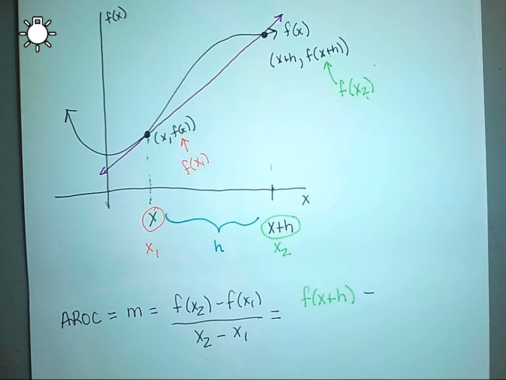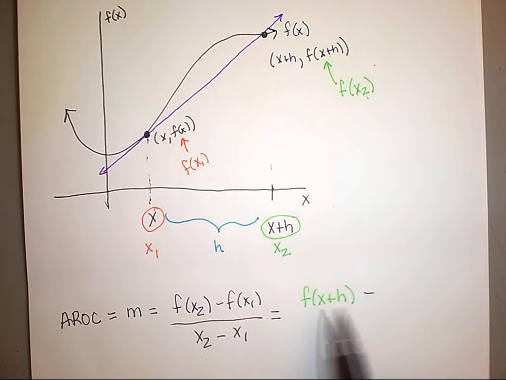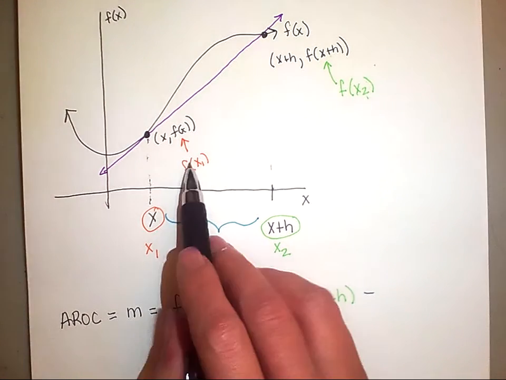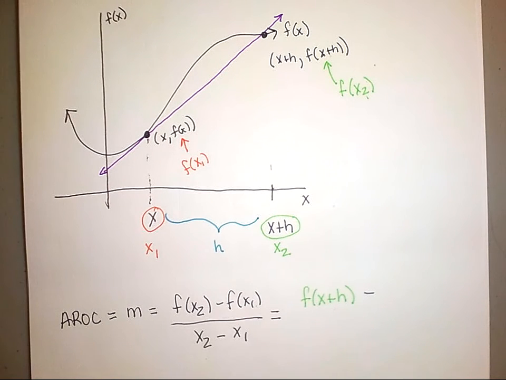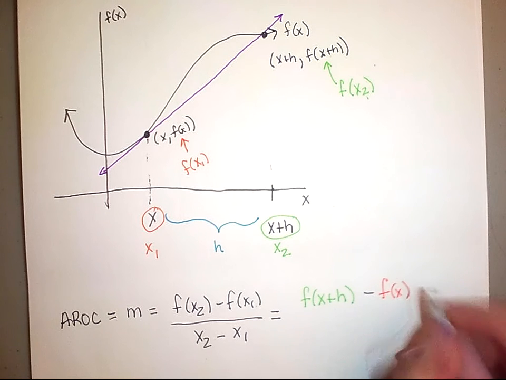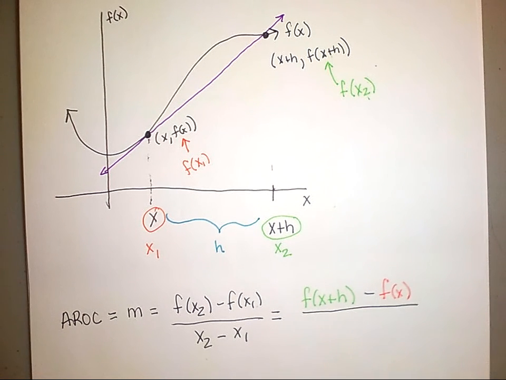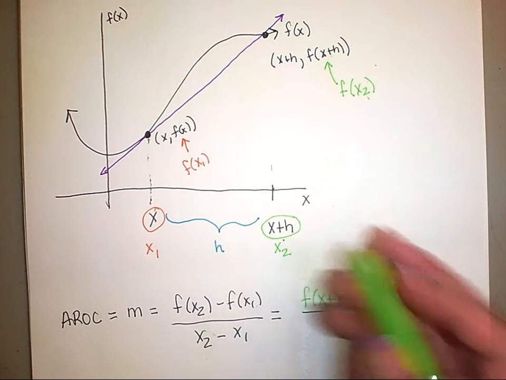Okay, so let's do that. The function evaluated at x2 is f of x plus h. Then we'll subtract off f of x1, which we see here.